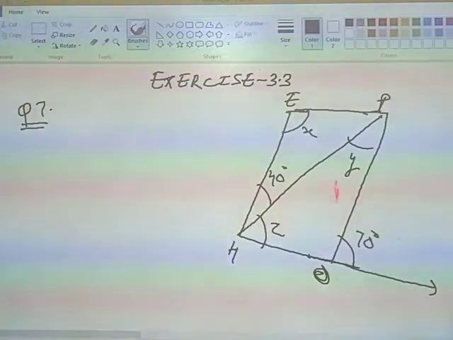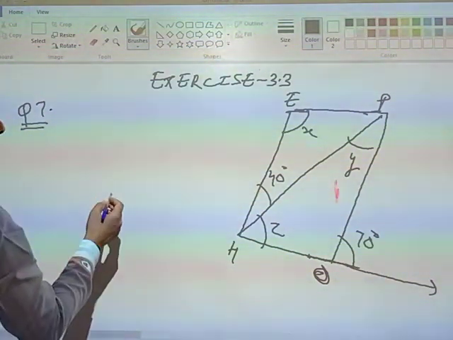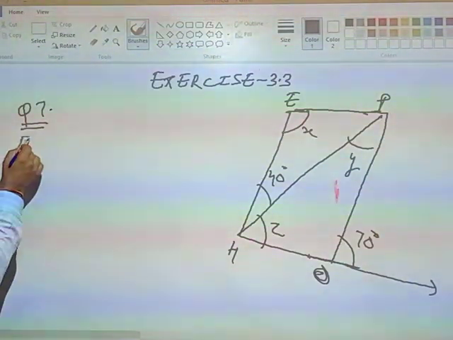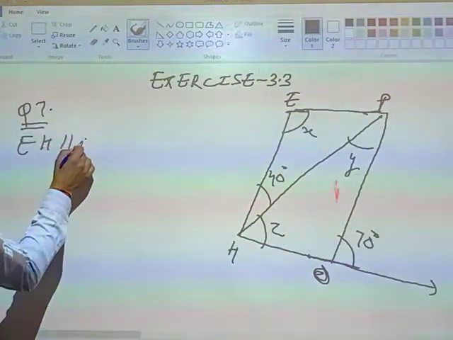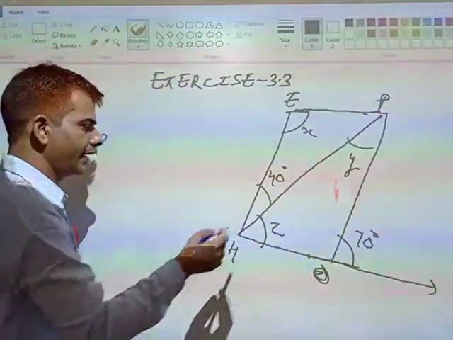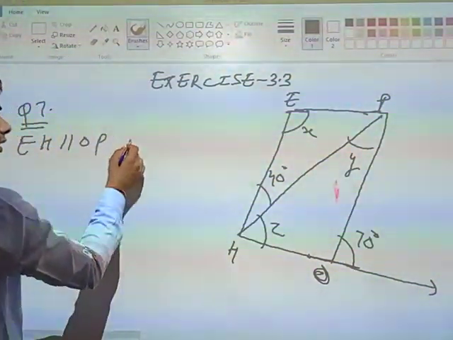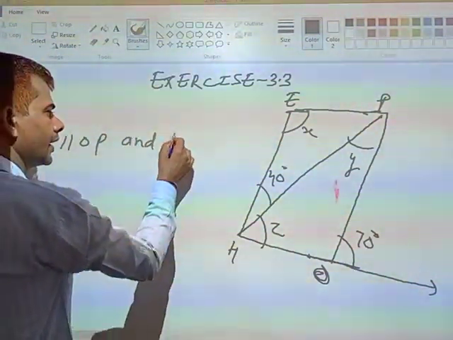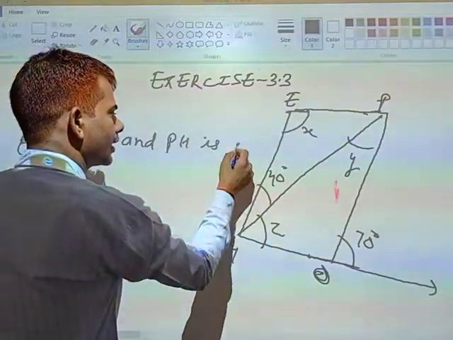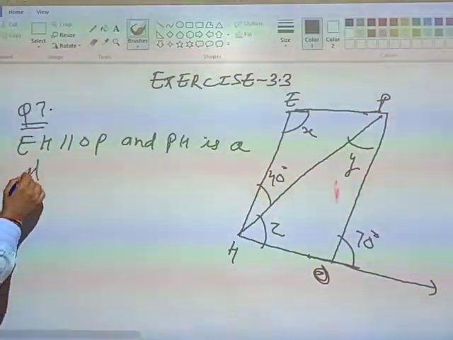Now students, EH is parallel to OP and PH is a transversal.